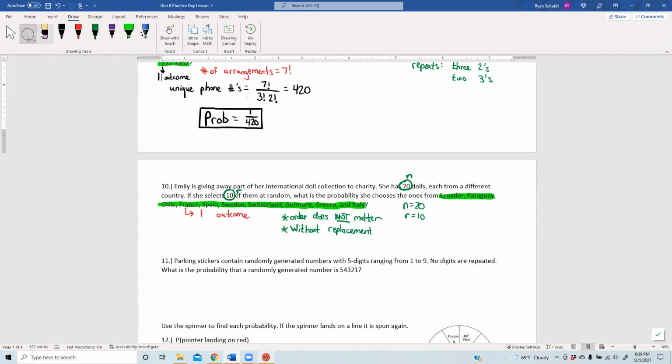Which means, and this N and R are all in my way. That means since order does not matter, and we're without replacement, this is a combination.